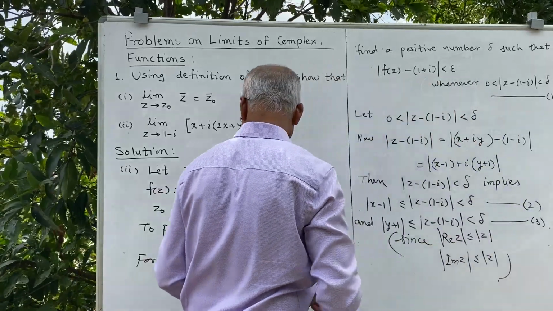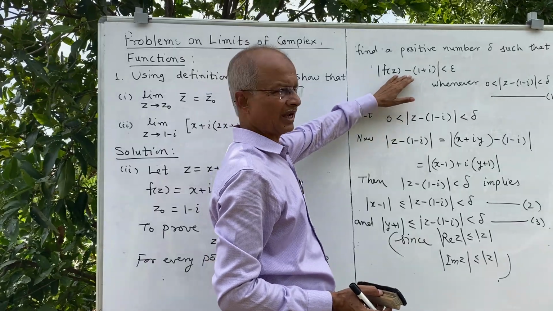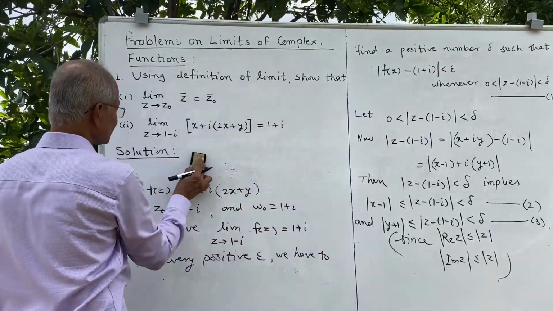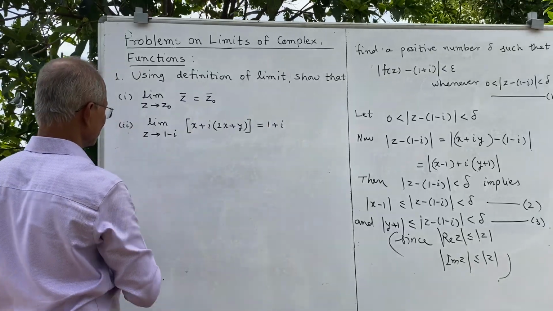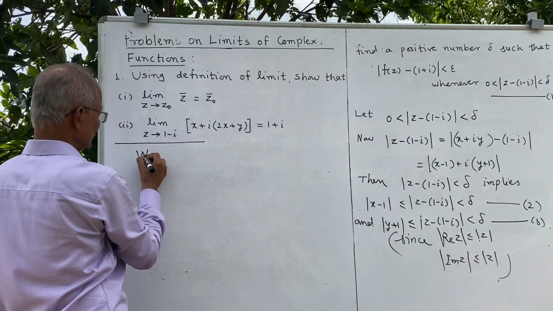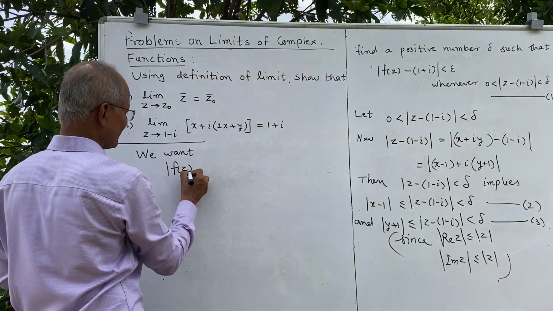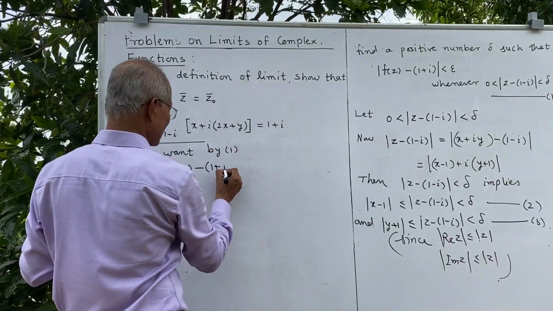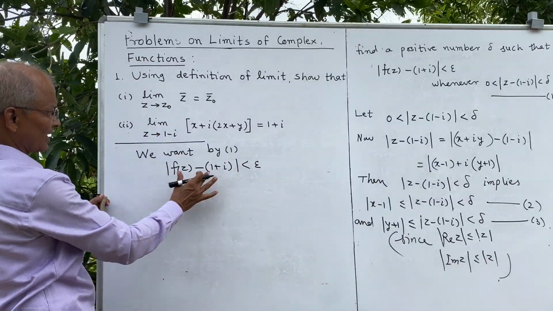And now we shall consider our required inequality. We want this to be less than epsilon, and in that condition we want to find out delta. So I shall write here, now we want mod of f of z minus 1 plus I, statement 1 plus I, to be less than epsilon, and now we will consider this again.